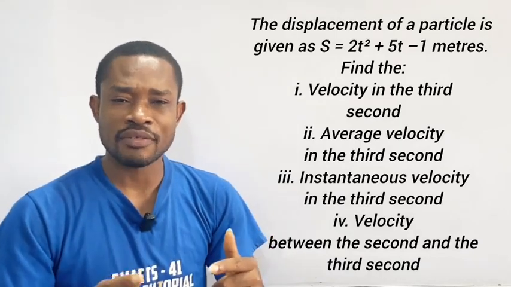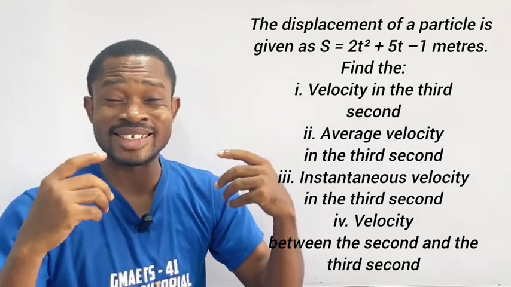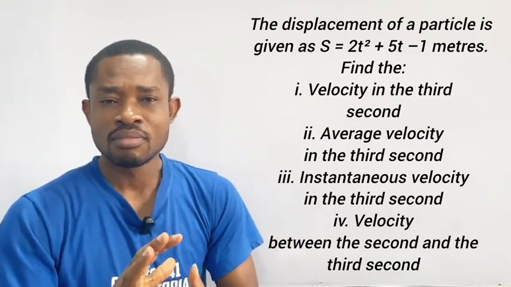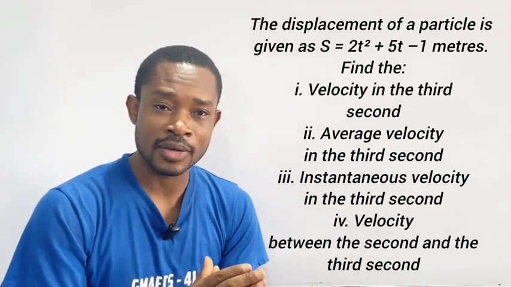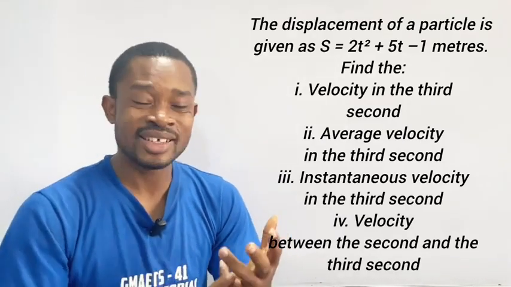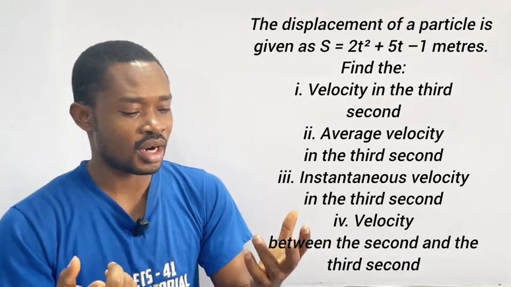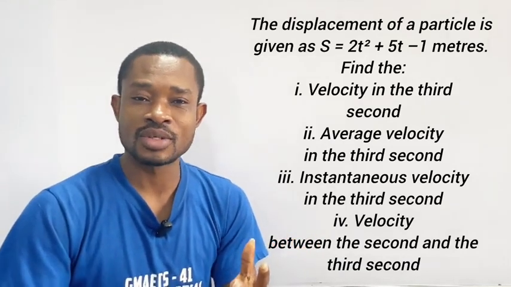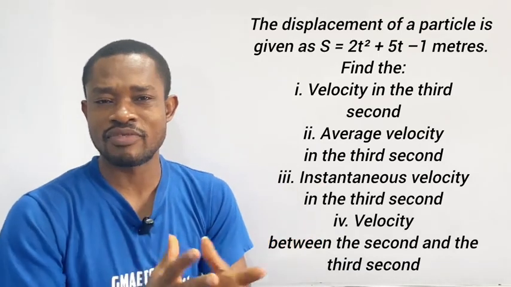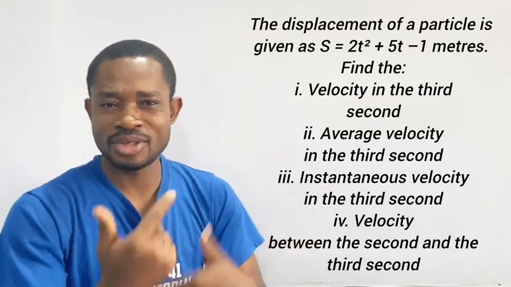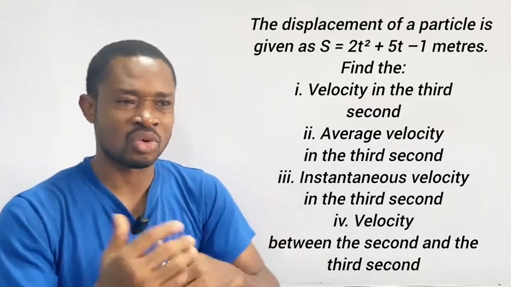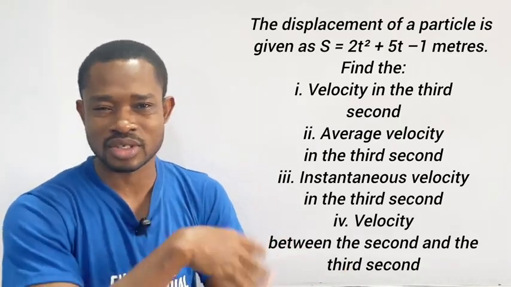Now, before we go into solving this question, I would like you to know something: in the study of motion, when you talk about velocity, you hear things like instantaneous velocity and average velocity. These are two key types of velocities, okay? Although you also hear something like uniform velocity, when equal displacement is covered in equal time intervals.